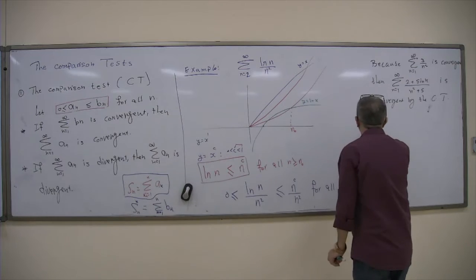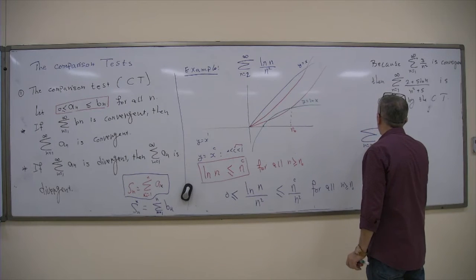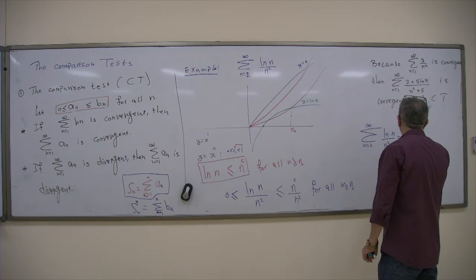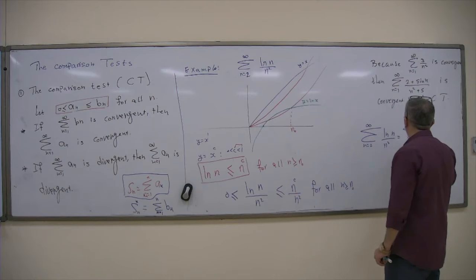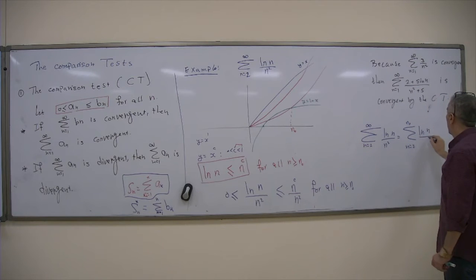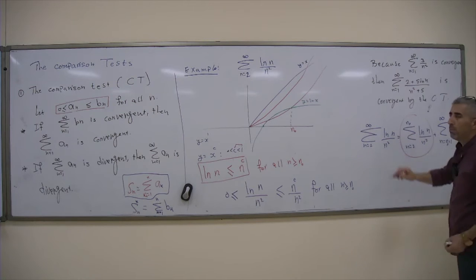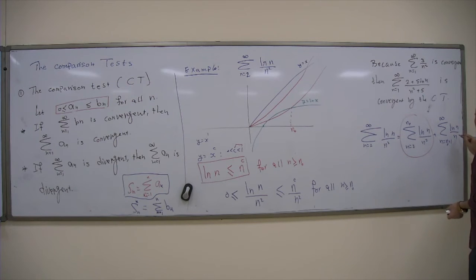So I can write the summation n from 2 to infinity of ln n over n squared as the summation n from 2 to n0 of ln n over n squared plus the summation n from n0 plus 1 to infinity of ln n over n squared. Now this you don't need to worry about because you have a finite number of terms, okay?